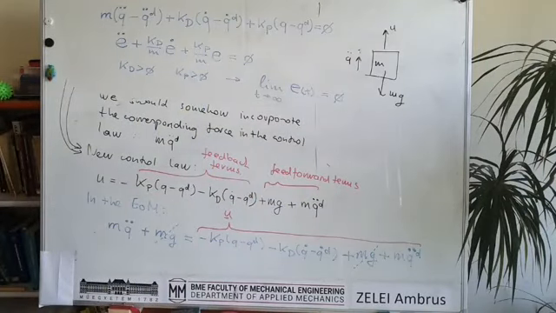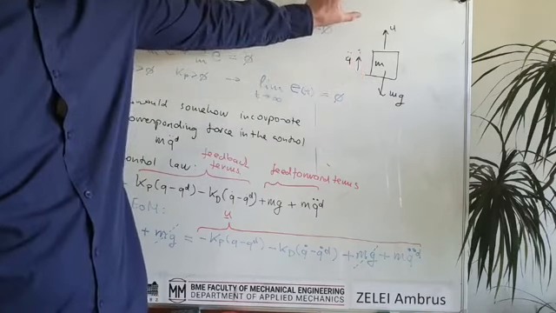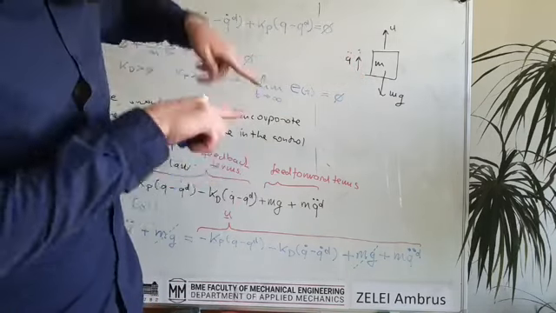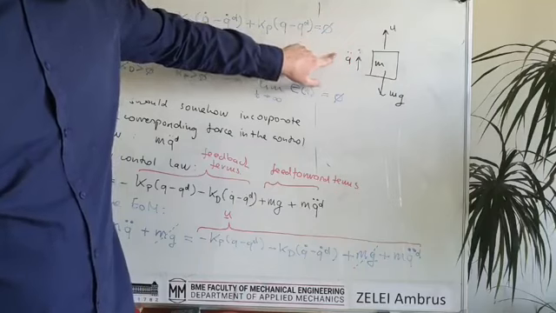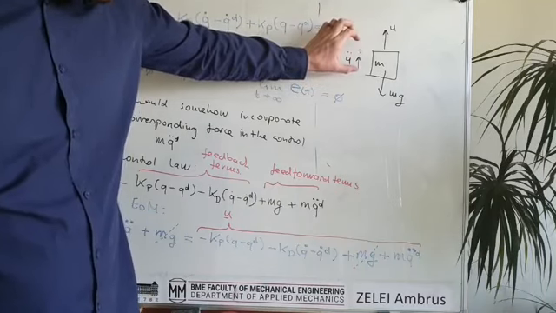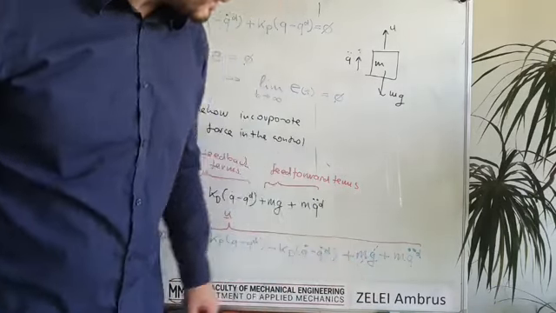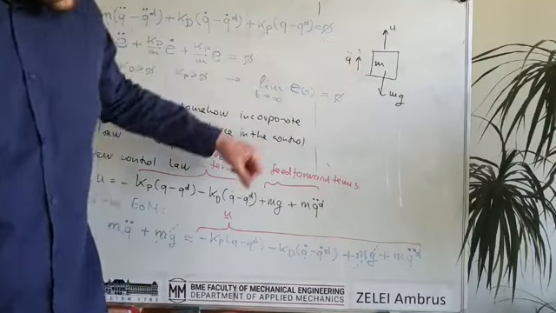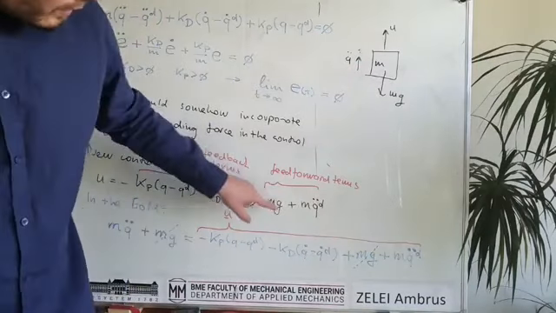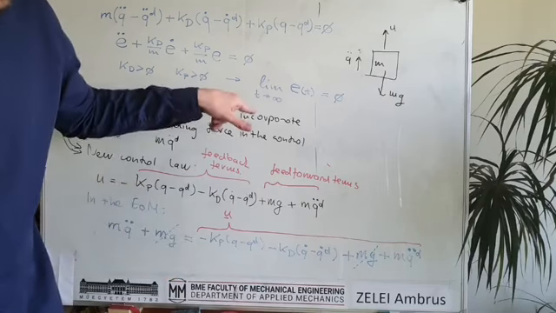So the conclusion for today is that you have some desired position in the physical space. By the inverse kinematics, you can calculate the desired position in the joint space. So you will have q desired, q dot desired, and q double dot desired. You can apply some kind of PD controller, but you will have some errors.